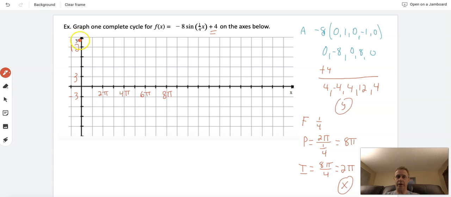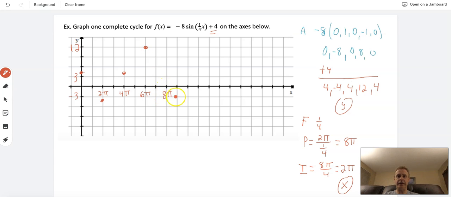On the y-axis, when the angle is 0, my y value there is 4, so I'll plot that point there. At the next angle, 2 pi, my y value there is -4, so I'll plot that point there. At the next angle, 4 pi, my y value there is 4, so I'll plot that point there. At the next angle, 6 pi, my y value there is 12, so I'll plot that point.